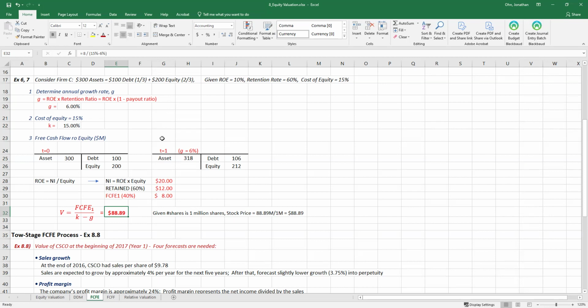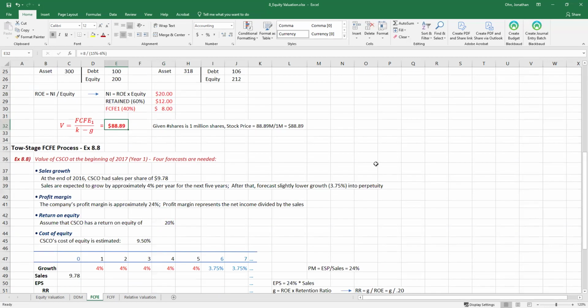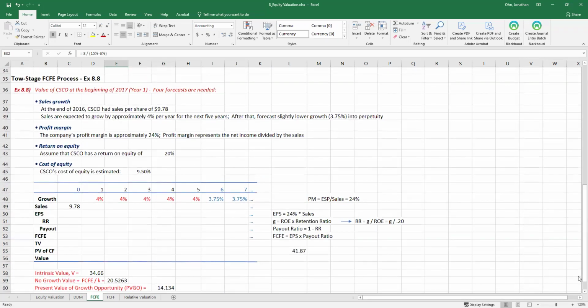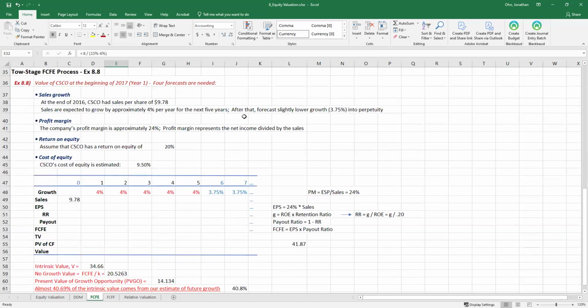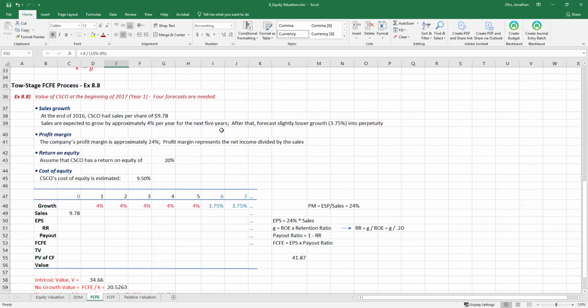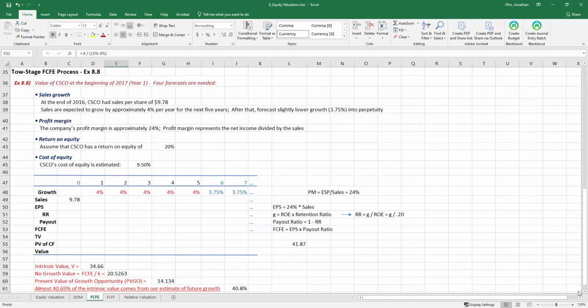All right, this is the simple example. Now this is the case study of Cisco in our textbook. In our textbook, it shows in the two-stage model here.